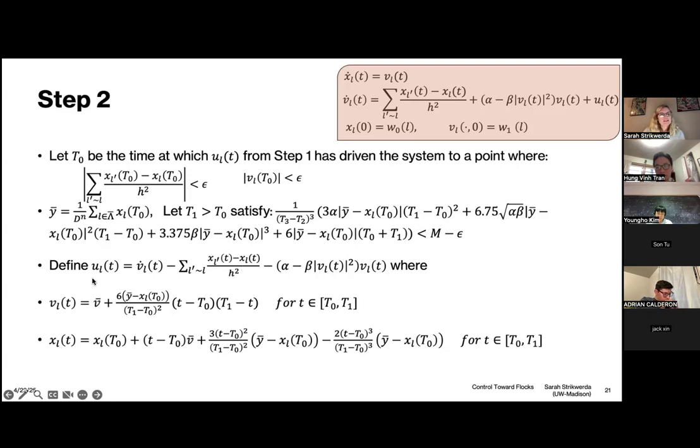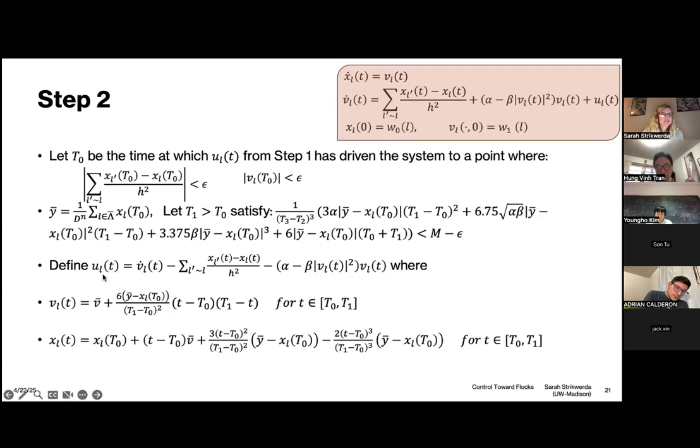And then from that, we can define our UL of t to be equal to, again, we're just kind of taking the parts of the equation that aren't UL. So of course, UL has to be equal to this for the system to be satisfied. So we're kind of working backwards.